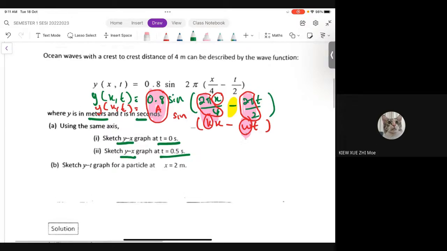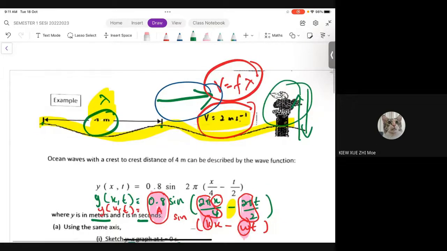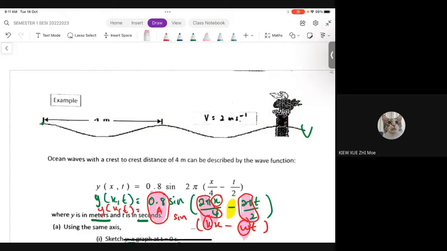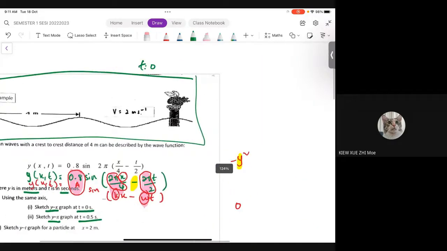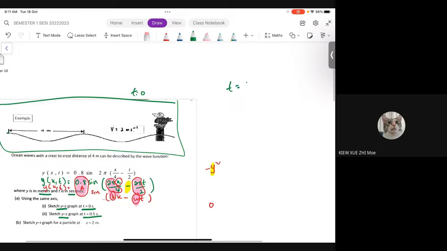Okay, saya bayangkan ni. Ini gambar ni tadi. Okay, when t adalah 0, you macam kamera. You ambil satu gambar. So you dapat ni. Okay, burung ni duduk kat sini masa ni. Masa t0, burung ni katakanlah let's say duduk kat sini. Adakah when t is 0.5, do you think that the bird will be the same position?